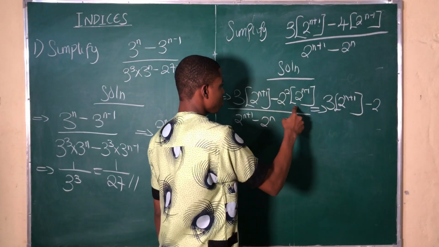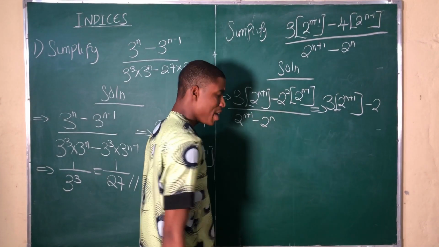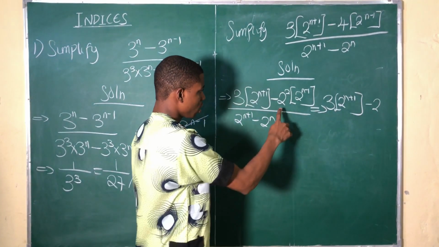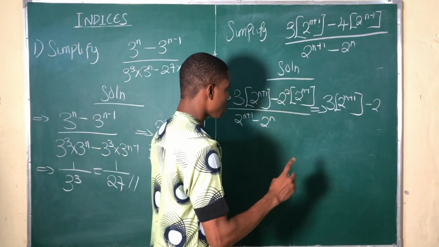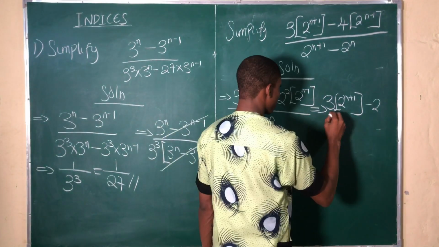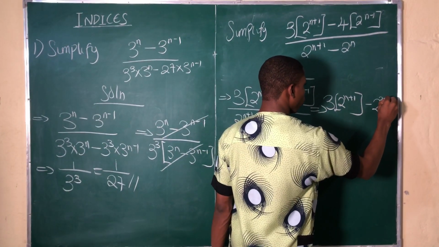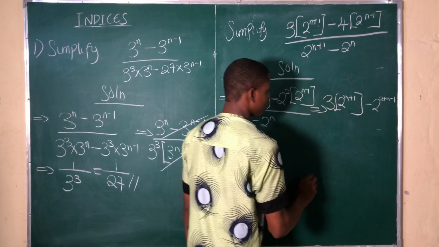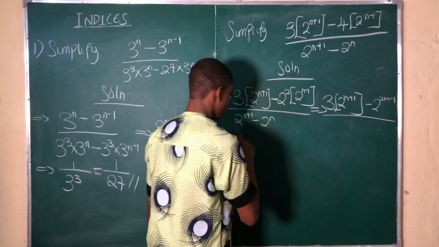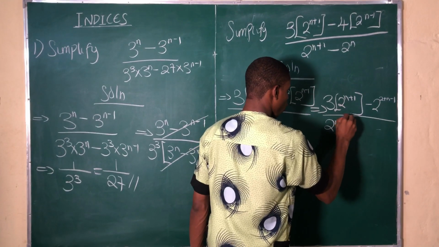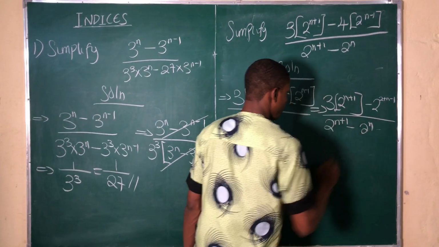Now tell me, what do you notice? These two are of the same base, right? And the powers will add. That's the concept: the powers will add. So in the case you're adding the powers, it becomes 2 + (n − 1), over 2^(n+1) − 2^n.